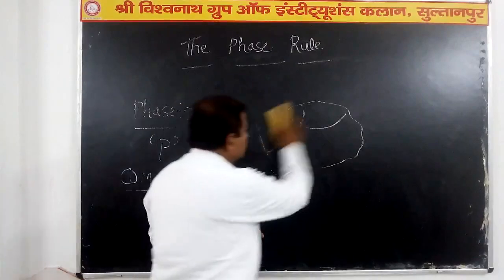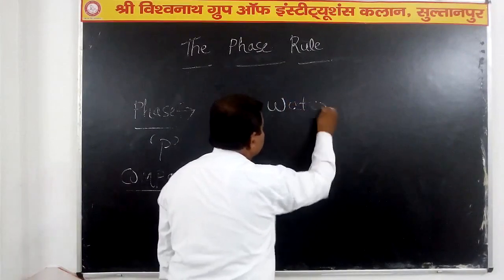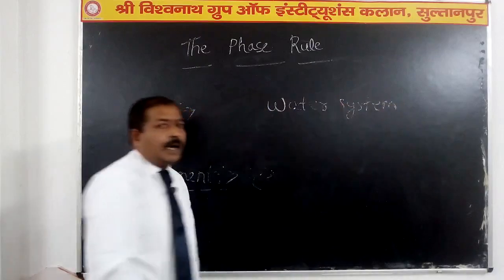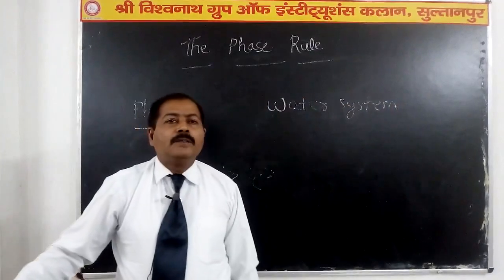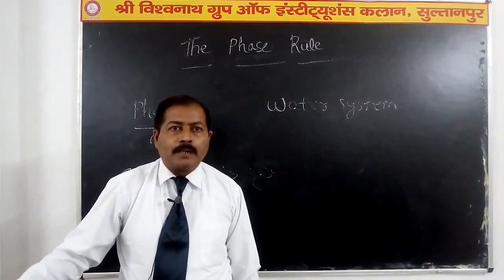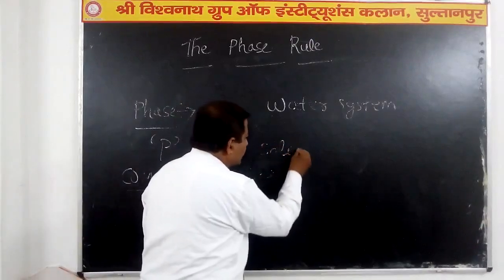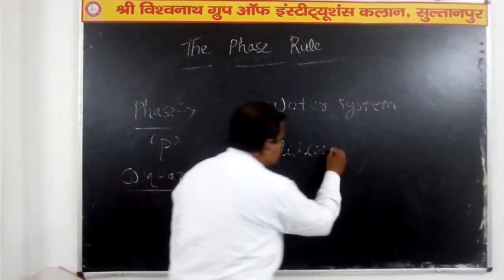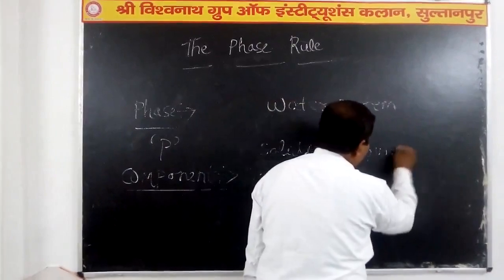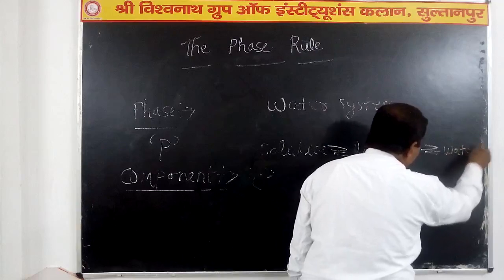In the water system, under equilibrium condition, there are three phases, namely the solid ice, the liquid water, and the water vapor.